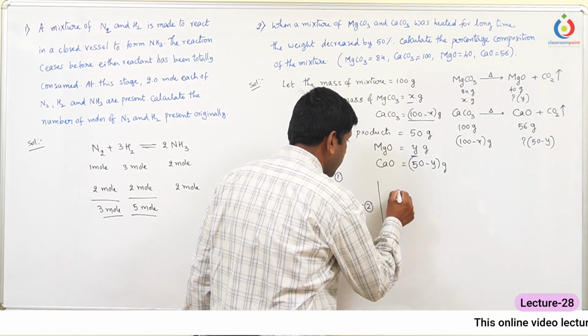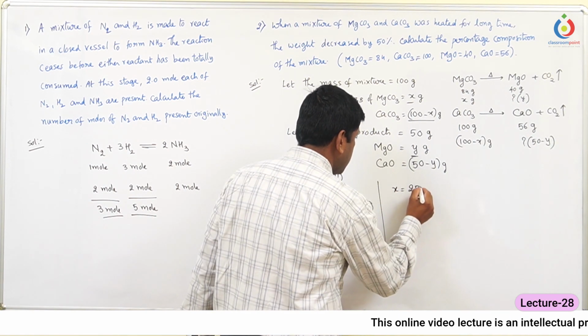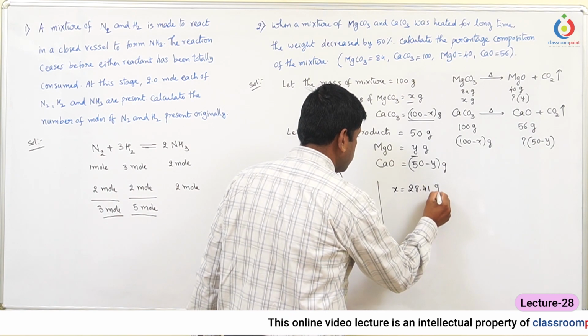So the value of x is equal to 28.41 grams.